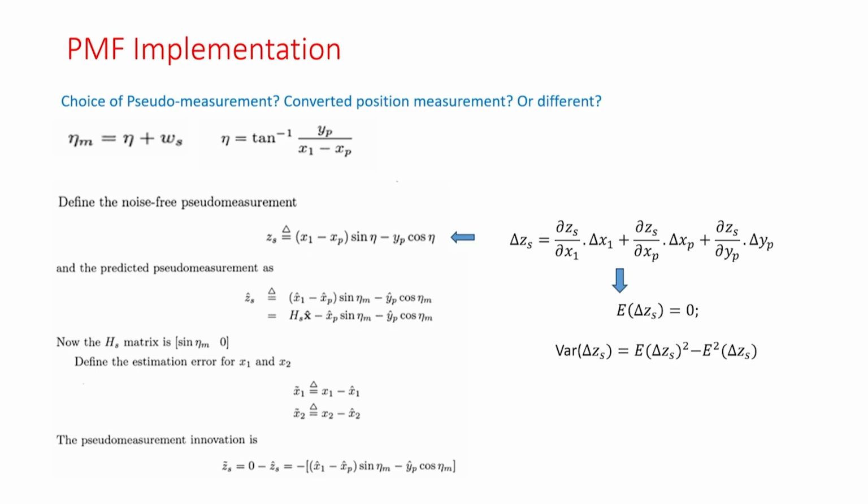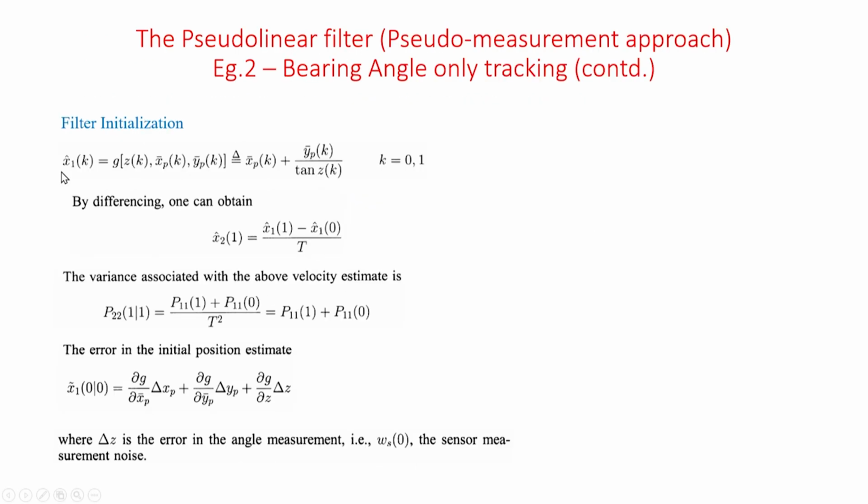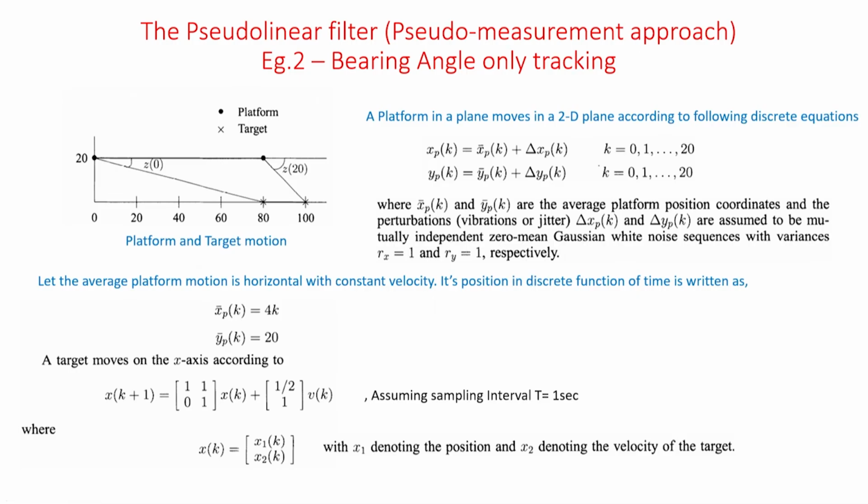In the pseudo measurement filter, if you remember the old problem, this is a 1D or 2D bearing only angle tracking problem. You have your line of sight angle measurement available up till 20 seconds, and your platform is perturbed with a mean motion plus a delta motion.